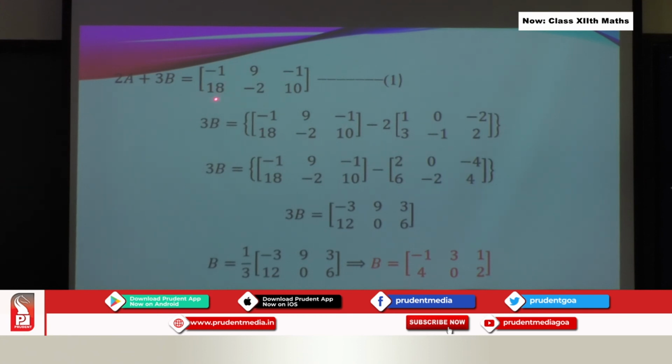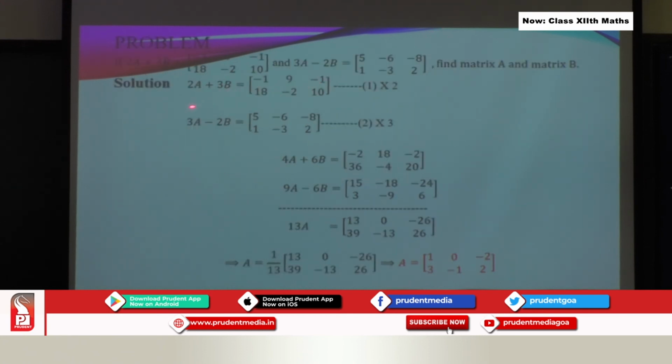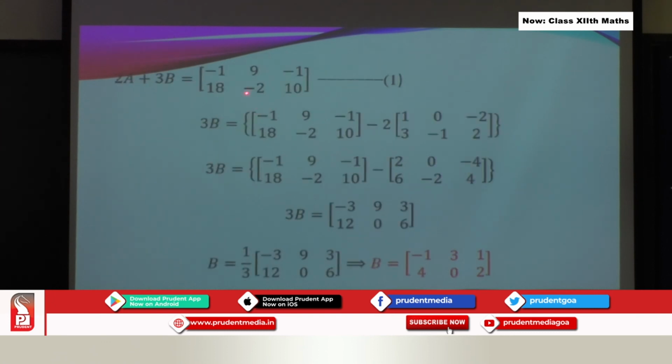I considered my equation 1. Here see, this equation 1 I considered over here. So this equation 1 I take, in that wherever there is matrix A, I will substitute the matrix which I have got just now, and here see, it's 2A.